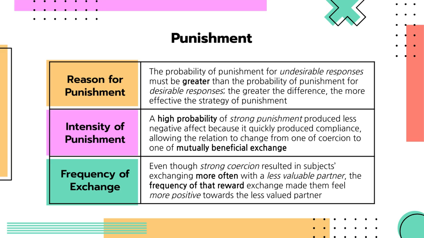And then finally, they found that the frequency of exchange matters. So even though strong coercion resulted in subjects exchanging more often with a less valuable partner, the frequency of that reward exchange made them feel more positive towards the less valued partner.